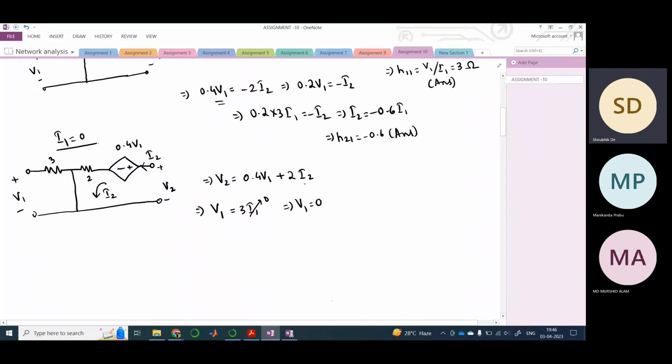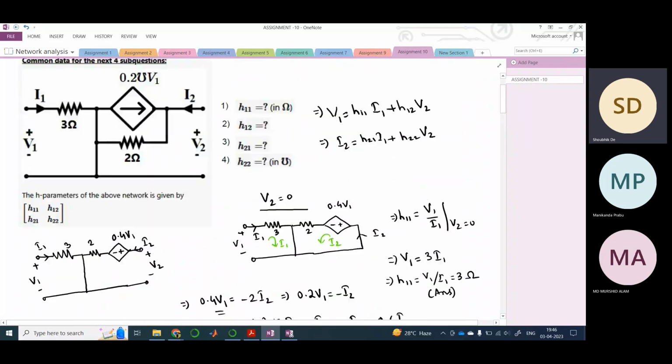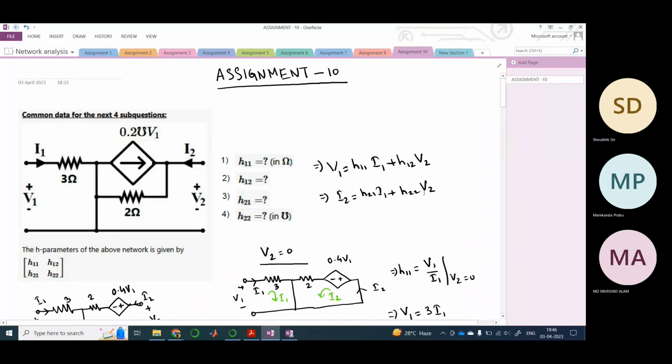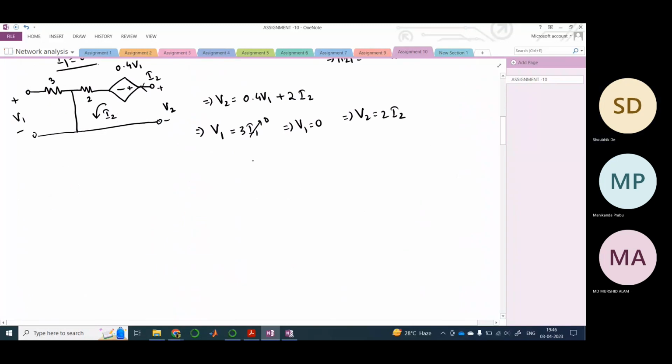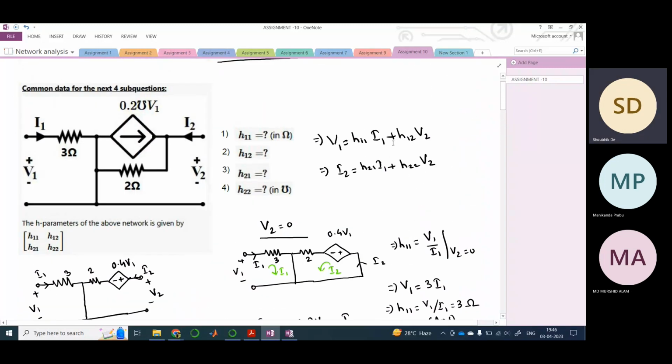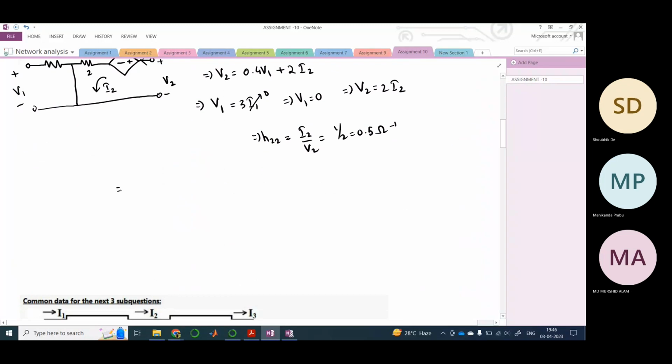And now you can substitute this here. So therefore V2 would be equal to 2I2, and H22 would be what? H22 is I2 by V2, which is 1 by 2, that is 0.5 ohm inverse. And V1 equals H12 V2. Now we just found out this is 0, therefore H12 is 0.